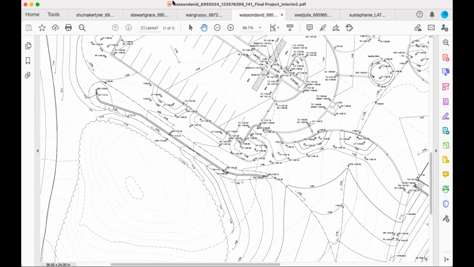So for one thing, I think we could make the connection earlier. 106 probably doesn't need to be separated by 2 walls.